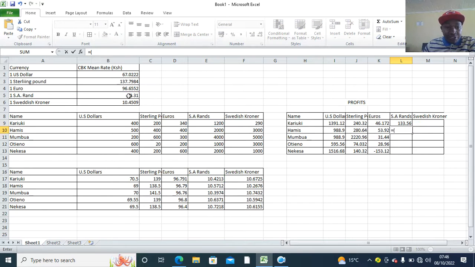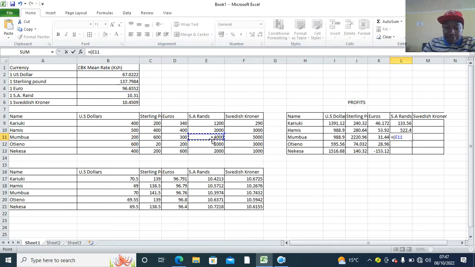We have for Hamisi 2000 multiplied by that one, close the bracket, minus, open the bracket, the same multiplied by that one, close the bracket, enter, equals, open the bracket.